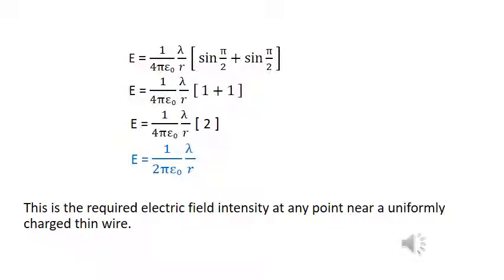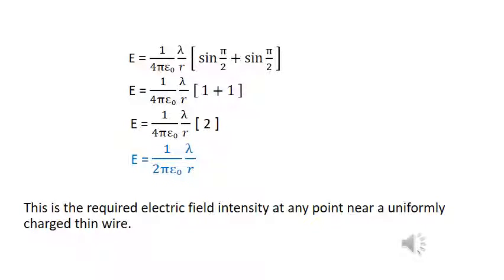So E is equal to 1 by 4 pi epsilon naught lambda by r sine pi by 2 plus sine pi by 2, because sine minus theta is equal to minus sine theta. So minus minus will become plus here.